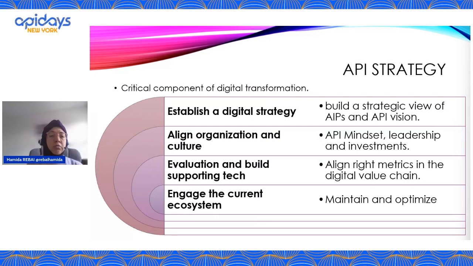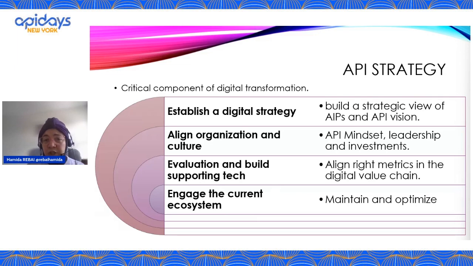The first, because it's really important to work on your API strategy to be able to modernize your application, to build your modern application using APIs. It can be for your monolithic application or for your microservices application that will use your APIs, or any other type of application.